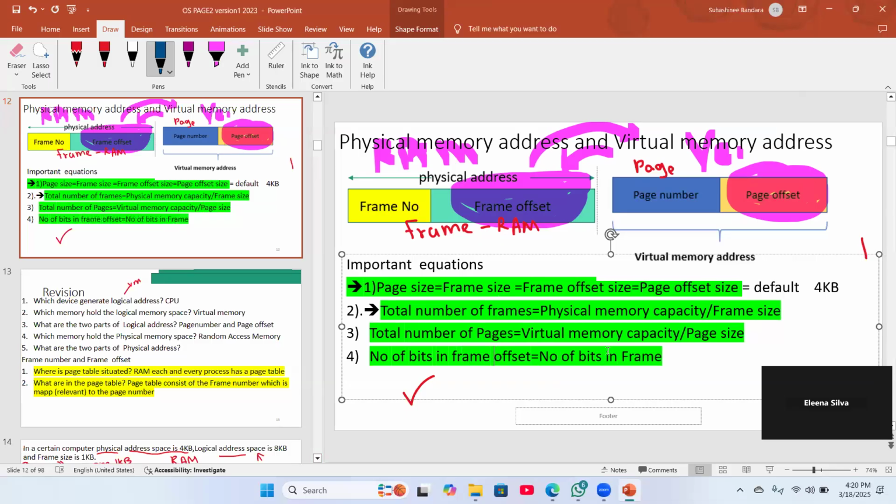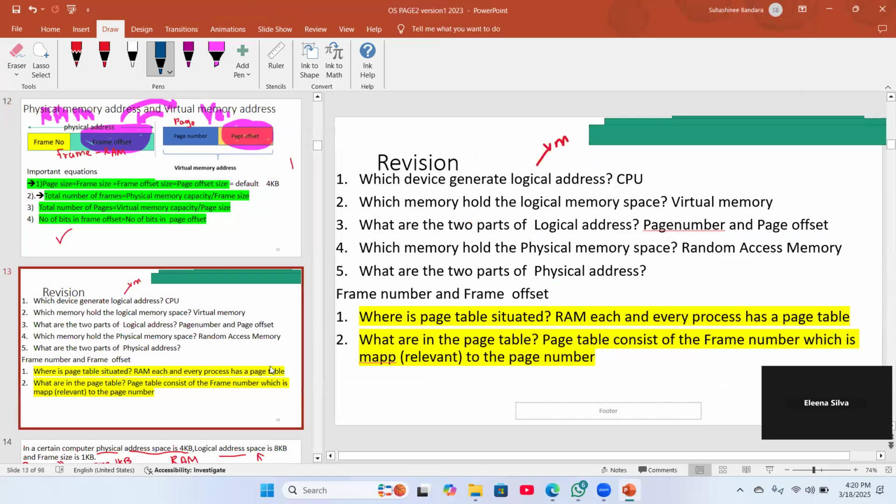Number of bits in frame offset is equal to number of bits in page offset. Okay, so if the equation is like that, we'll move to the revision section.